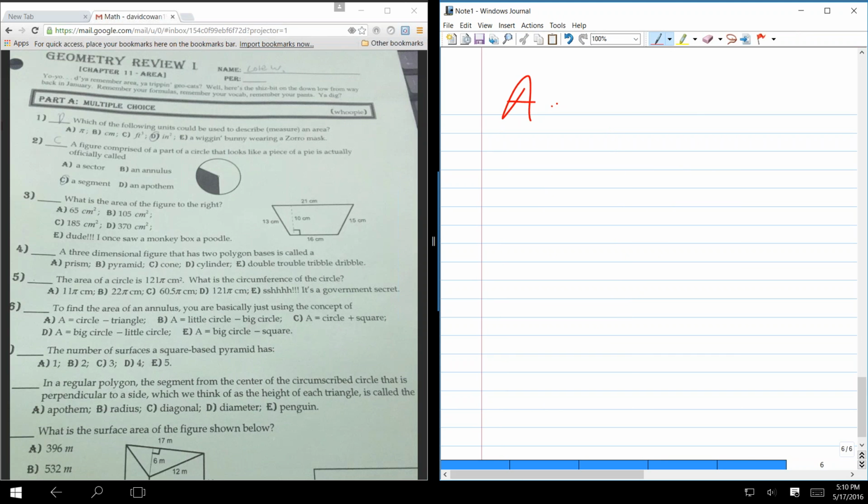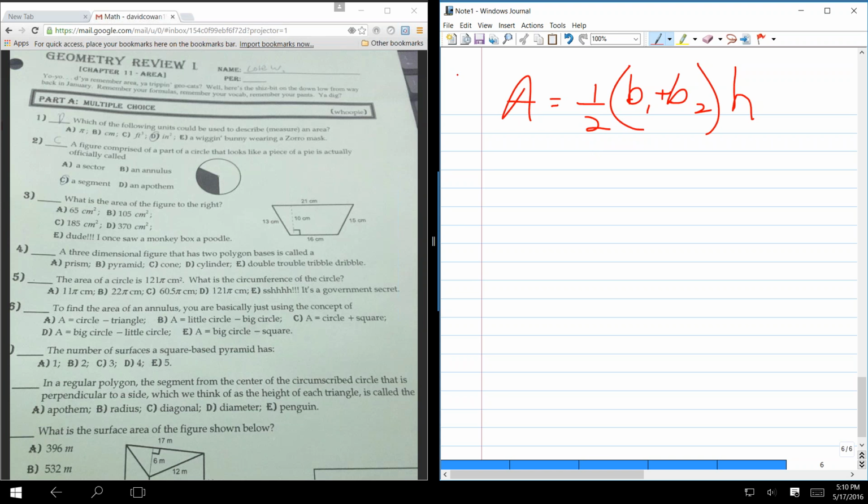It's 1/2 times base 1 plus base 2 times 2. Times what? Isn't it times 2? Times height. Times height, okay, yeah. You wouldn't want to have it times 2 because that would take away the effect of the 1/2. Yeah, I just thought of that. That's all right. So now fill in everything.